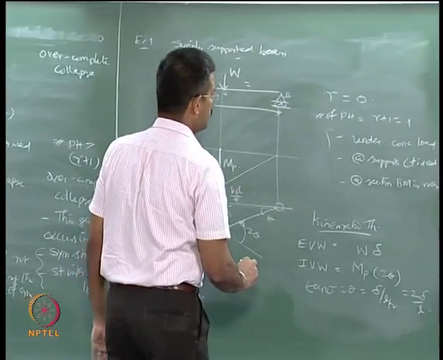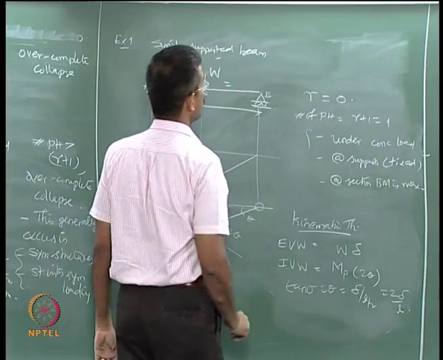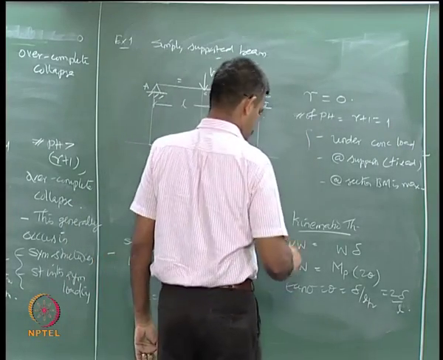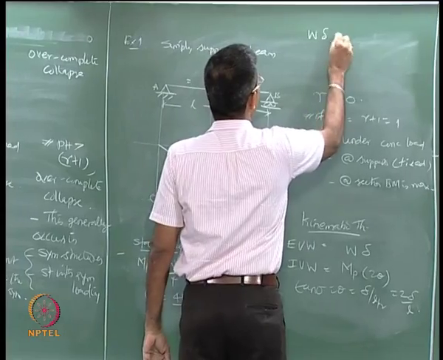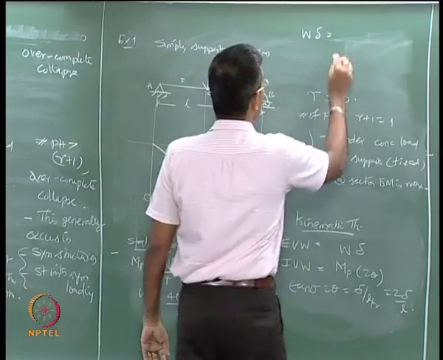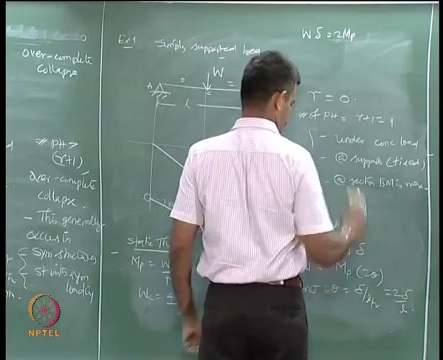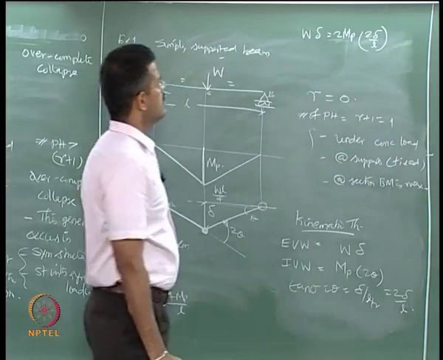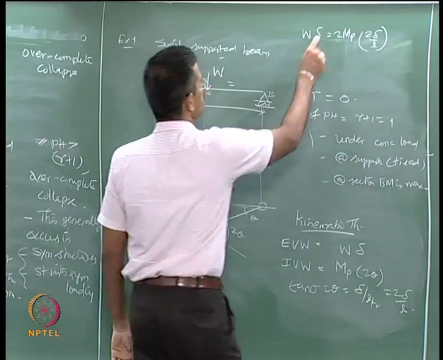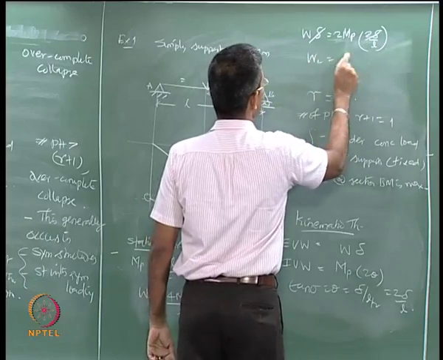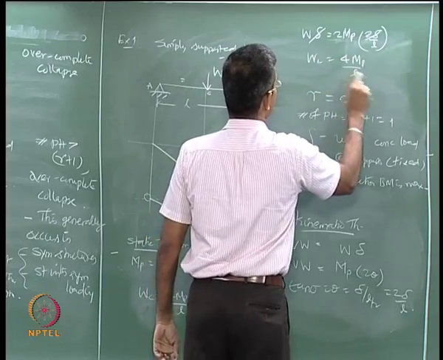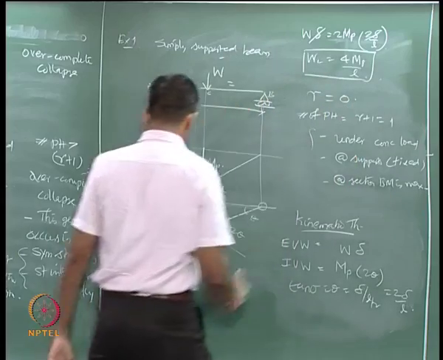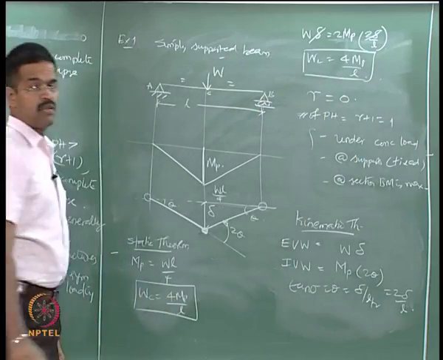I should say W delta equals MP times theta, and I replace theta with 2 delta by L. Delta goes away, and I can straight away say WC is 4 MP by L. I get the same answer as I have here. So both theorems give me the same value.